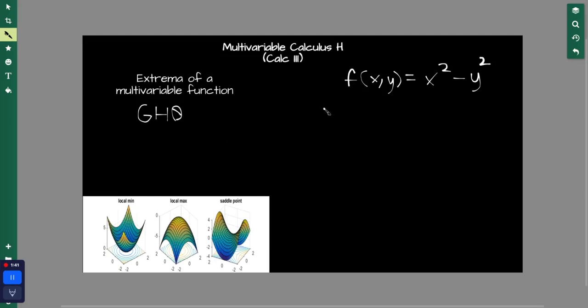So here's the first step. We find the gradient. So f(x, y), that's just z. So the gradient of z is the partial derivative in terms of a vector.